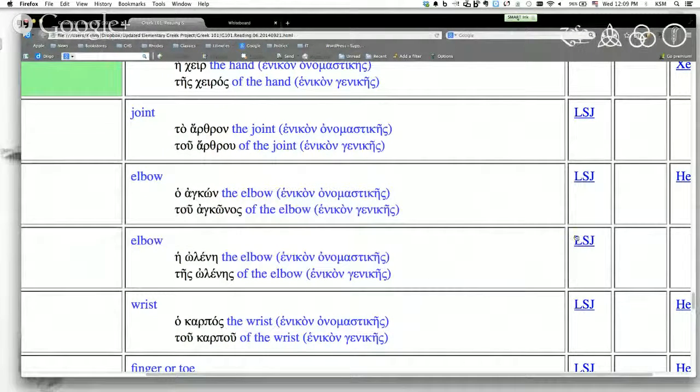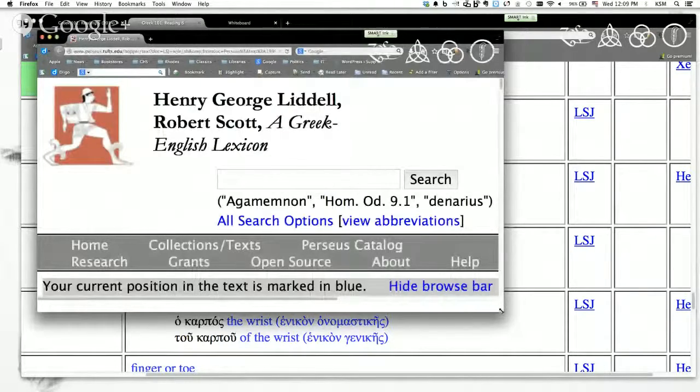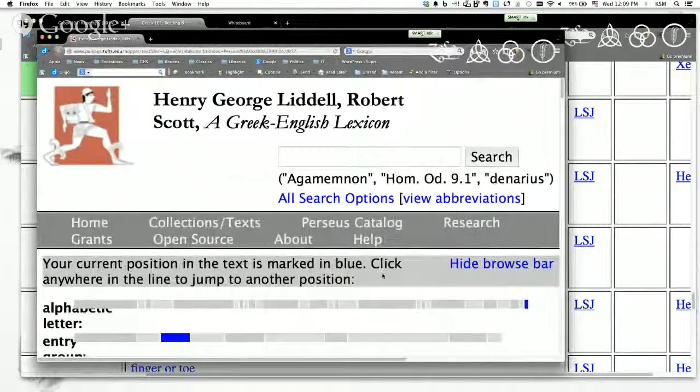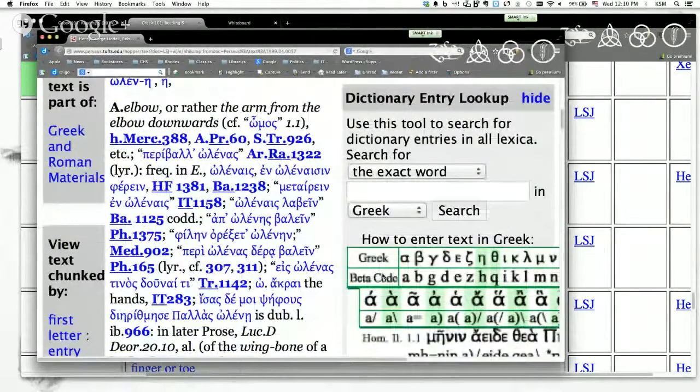Polemi, excuse me. Elbow, or rather the arm from the elbow downwards. So we've got a slightly different meaning here. We've got Aeschylus, the Persians, Sophocles, Trachiniae, Aristophanes, the Frogs.